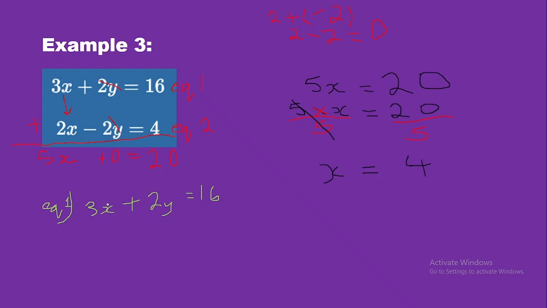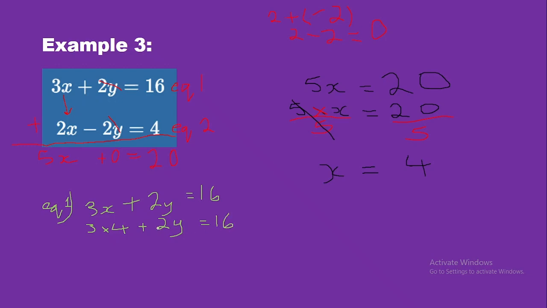Our x is 4, so that's going to be 3 times 4 plus my 2y, which is equal to 16.